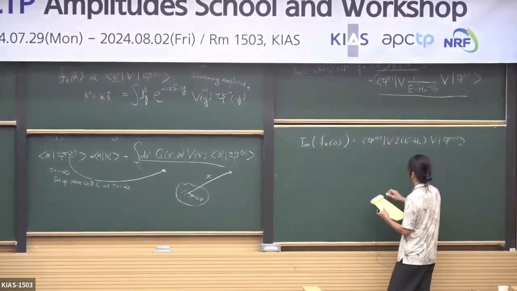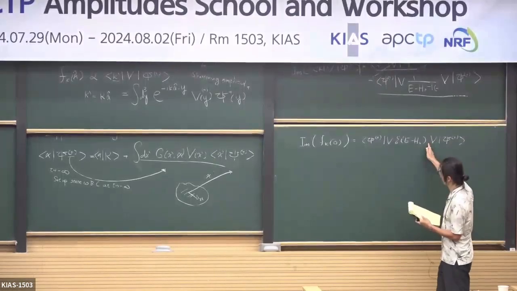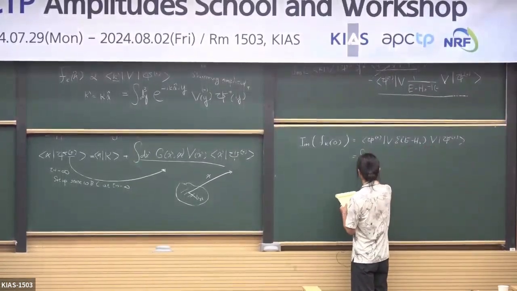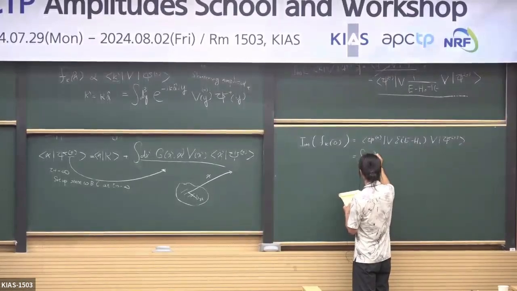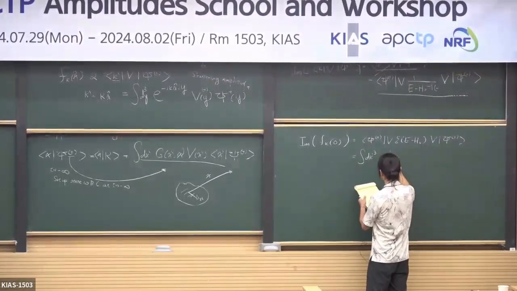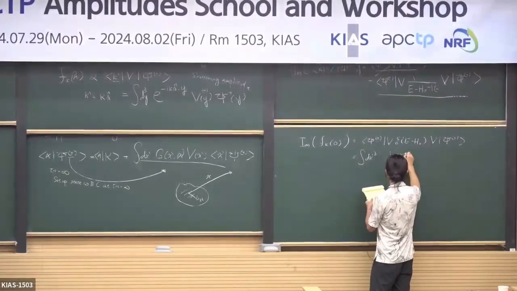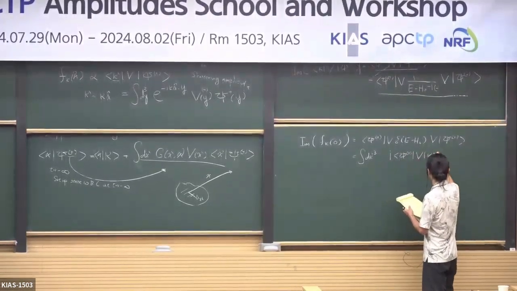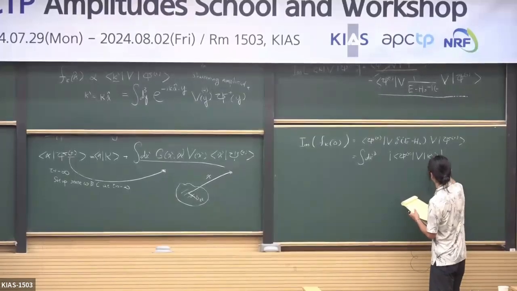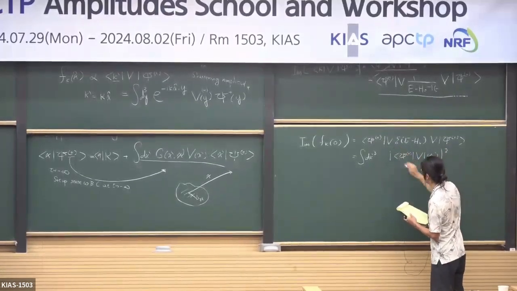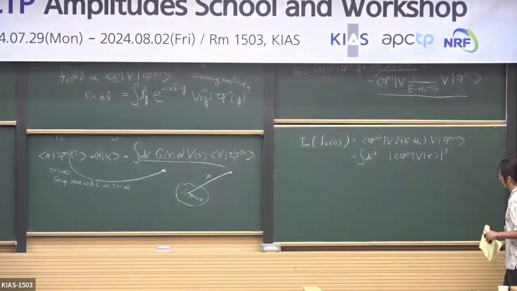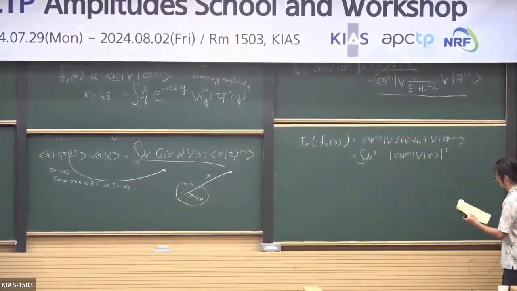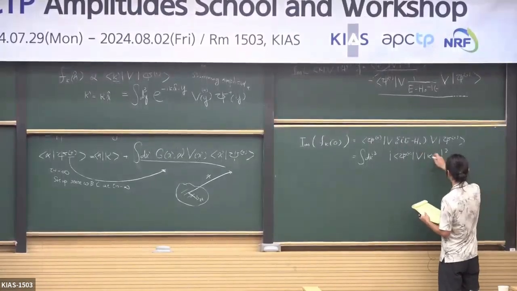Okay? And of course, I can put a complete set of momentum eigenstates in between. So this becomes the integral d^3k prime, and this is the absolute value squared. So I'm just putting a complete identity here, which are momentum eigenstates. And of course, I have a delta function here.